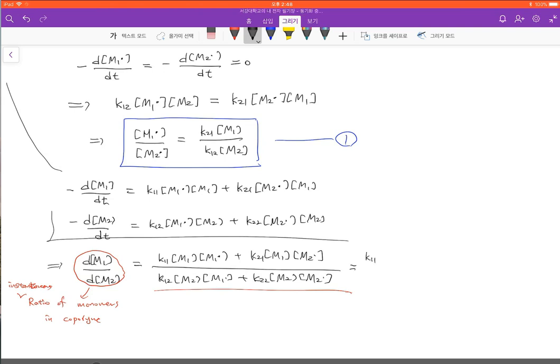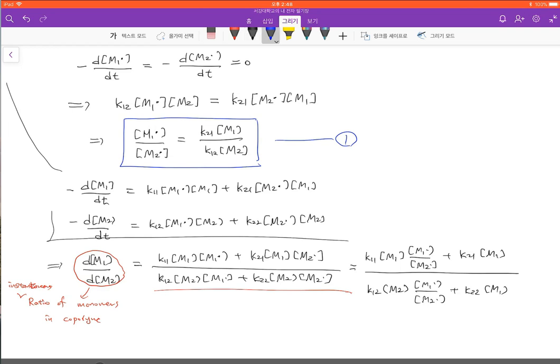If you rearrange it, if you divide numerator and denominator by M2 dot, then you get K11 M1 dot over M2 dot plus K21 M1 over K12 M2, over K12 M1 dot over M2 dot plus K22 M1, right?